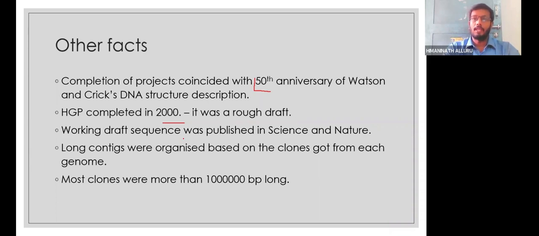Various journals published it, and it created outrage among different segments of people. They felt the human population was going to become extinct; there were different myths. The genes they cloned were very long, with many base pairs.